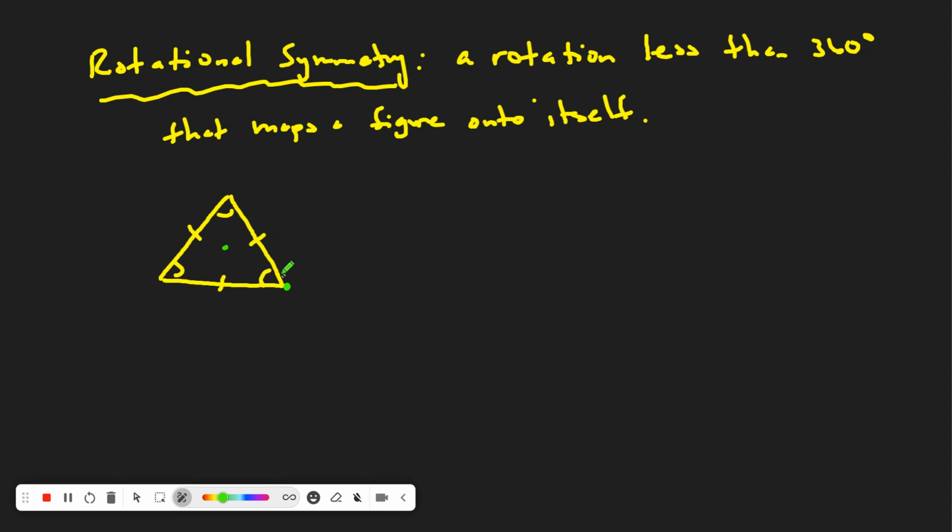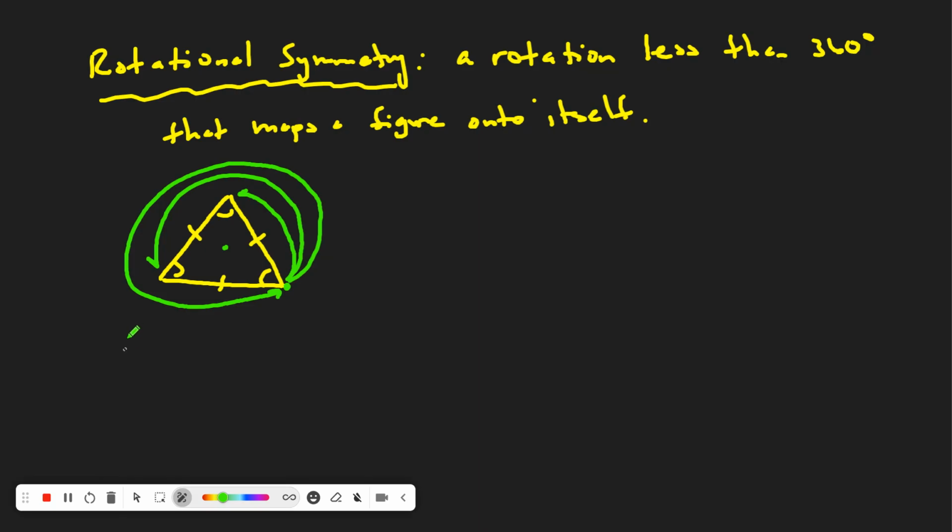And I believe I can. I'm going to go counterclockwise. If I spin it so that this point becomes here, I think the figure lands on itself, right? Then I think we could spin it again, and this point would land here. And then I think we could spin it one more time, and that point would land back on itself, and we'd be done.